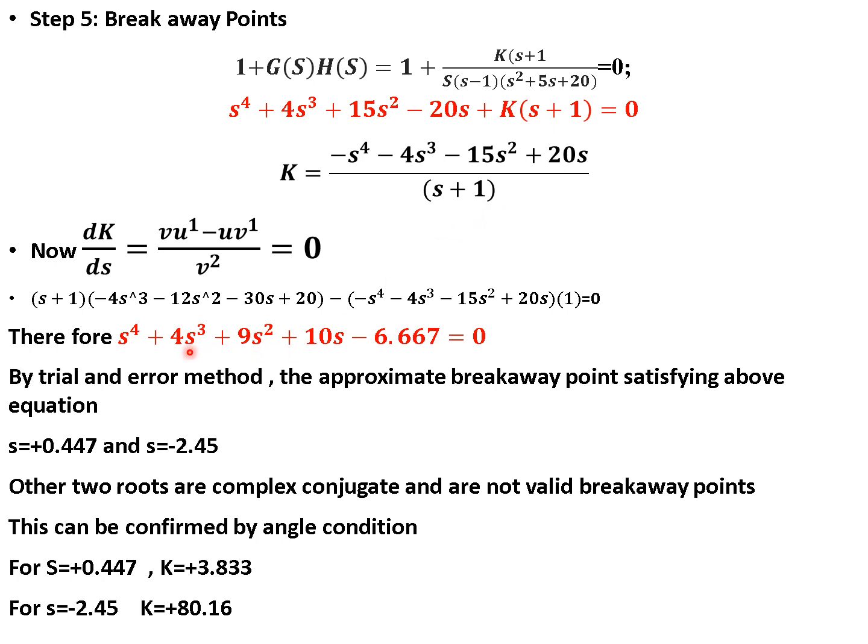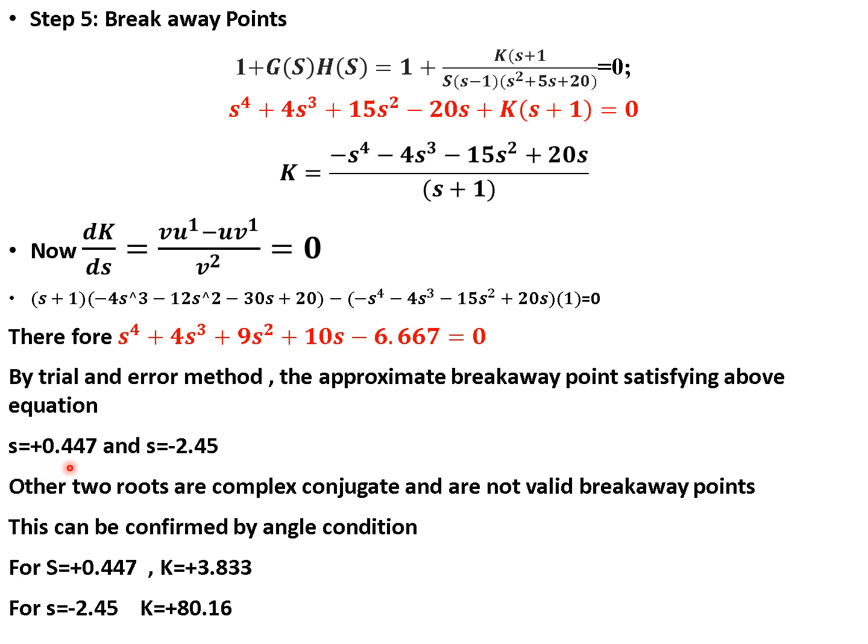So the final answer we get is s to the power of 4 plus 4s cube plus 9s square plus 10s minus 6.667 is equal to 0. We can use the calculator to solve this equation, or we can use the factorial method to divide.